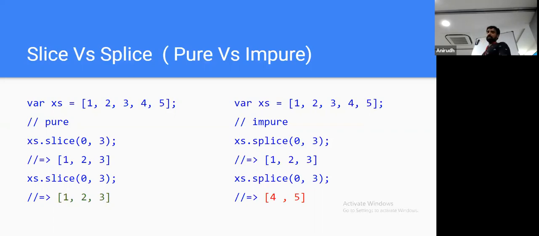This mutation of data is an anti-pattern in functional programming, so the splice method should be avoided when you are coding pure functions or doing functional programming. This is one example of pure and impure functions, but there are many others, so you can Google them and avoid using those methods if you want to make your programs testable.